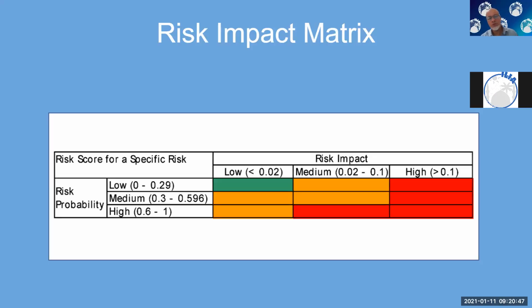Someone says, oh, it would give us an outage of 10 minutes. All right, what's the percentage of 10 minutes compared to your total service time? If your service time is 8 hours a day, you can do the math, 10 minutes divided by 8 times 60 and see what that percentage is. If it's less than, in this case, 2%, it's a low impact. If it's somewhere between 2 and 10%, it's medium. More than 10, it would be red.